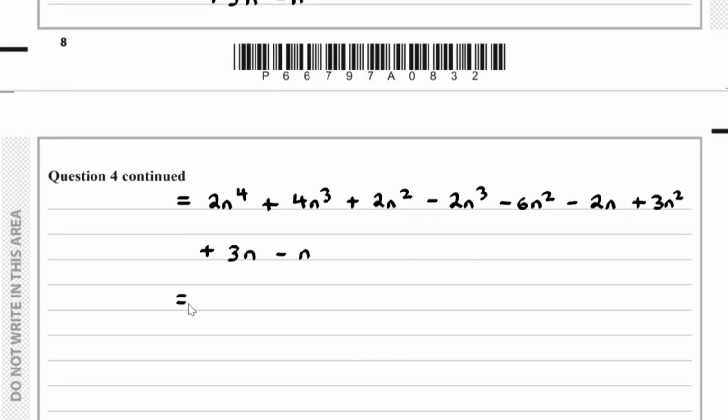So if I tidy all of this up, we've got 2n to the 4 minus n squared, which simplifies to n squared, lots of 2n squared minus 1.